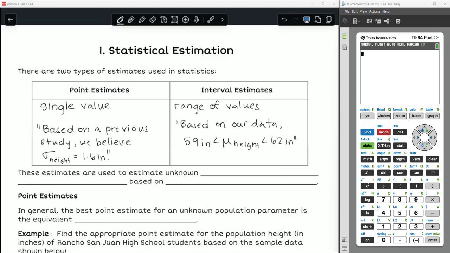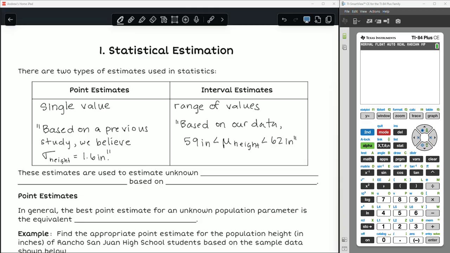And the nice thing about this interval estimate is it gives us a little bit of wiggle room. We're acknowledging that our data pulled from a single sample is unlikely to perfectly reflect the population it was pulled from, and so we're giving us a margin of error, kind of hedging our bets in using that sample to estimate the population.